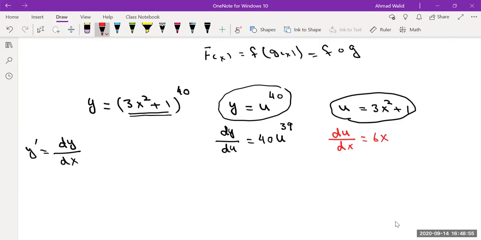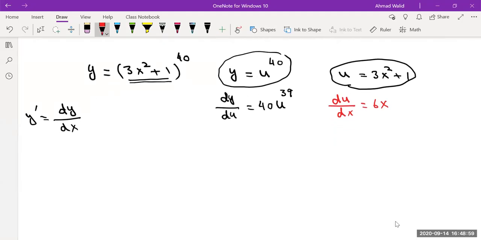Now, focus here, because here I'll write the chain rule for you. What is my goal? My goal is to find dy over dx, equal to something. Here, I have dy du.